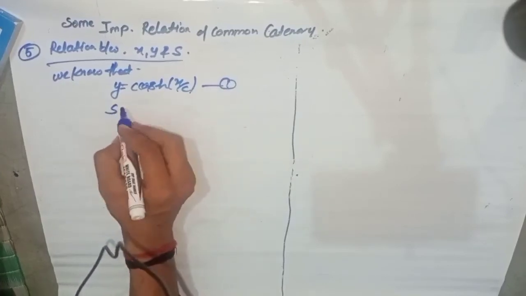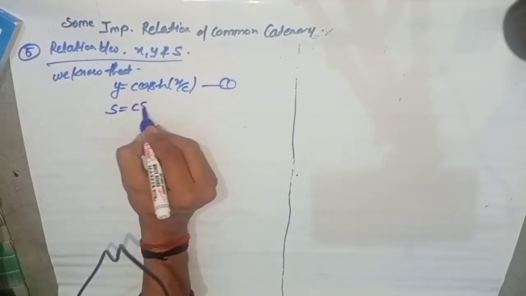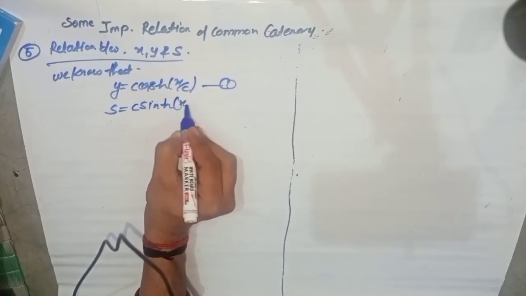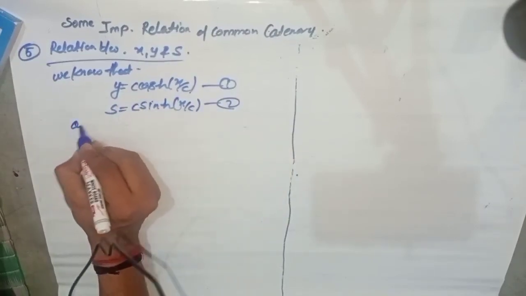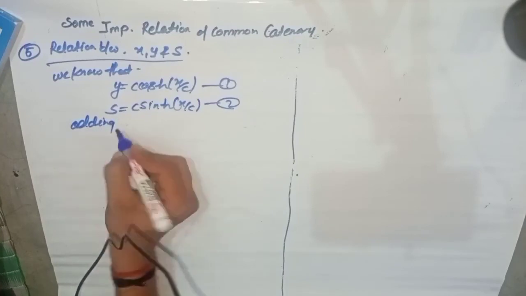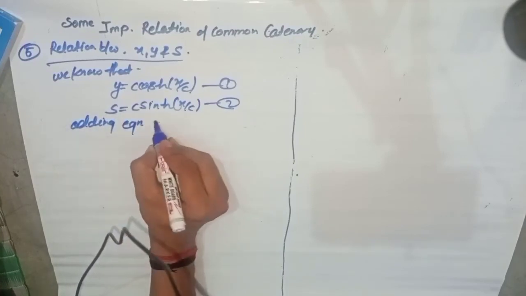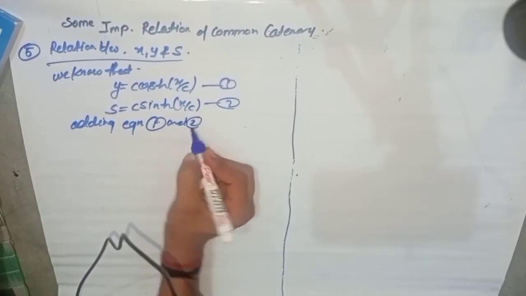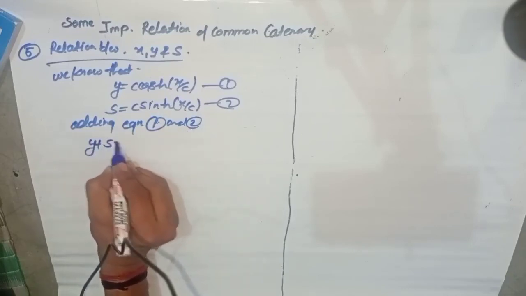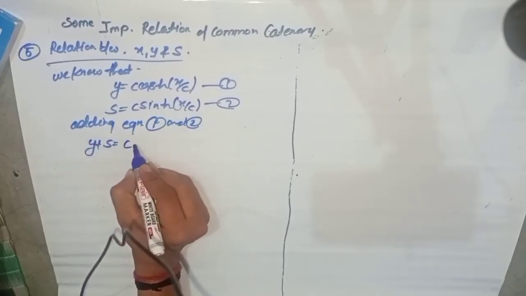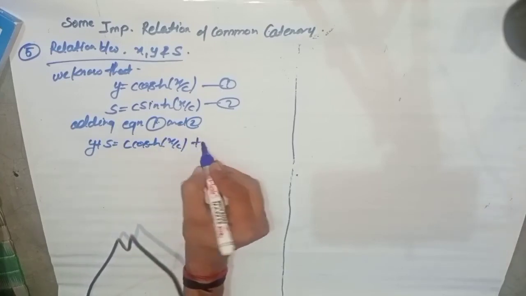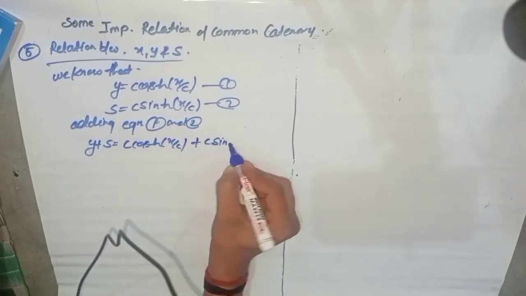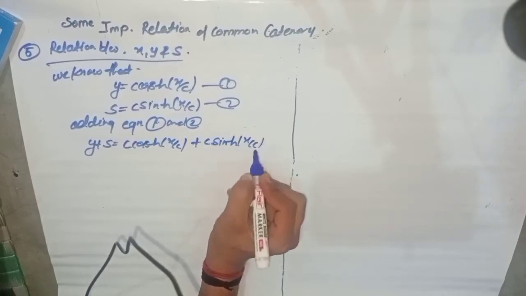Again we proved the first relation, s = c sinh(x/c). This is equation 2. Now adding equations first and second, we get y + s = c cosh(x/c) + c sinh(x/c).